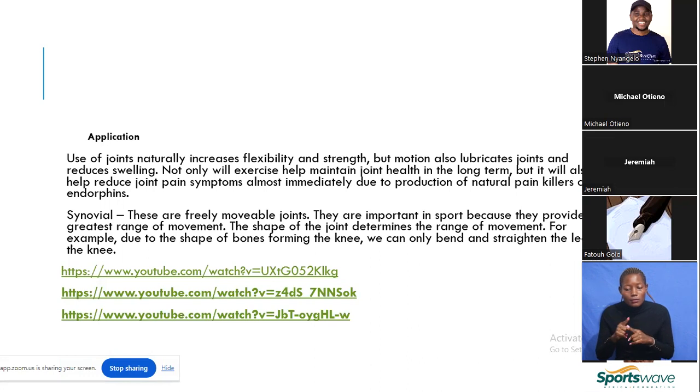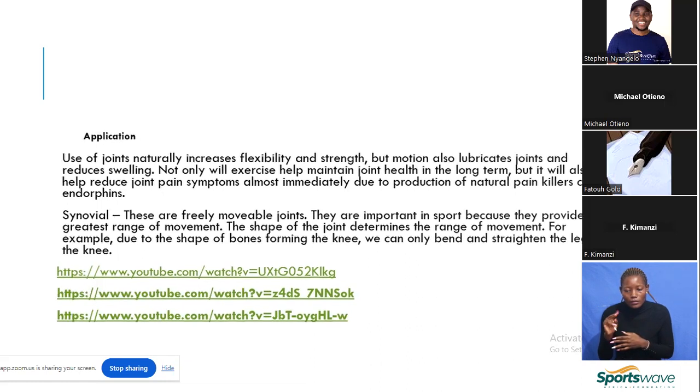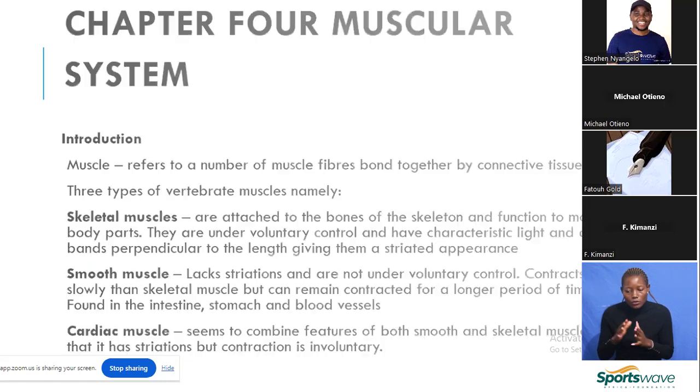But the key thing, like I've mentioned there, synovial joints, freely movable joints, are very, very important in terms of performance in sports. Again, there are 3 links there that I've given on YouTube, so you can go and look at that in more detail.